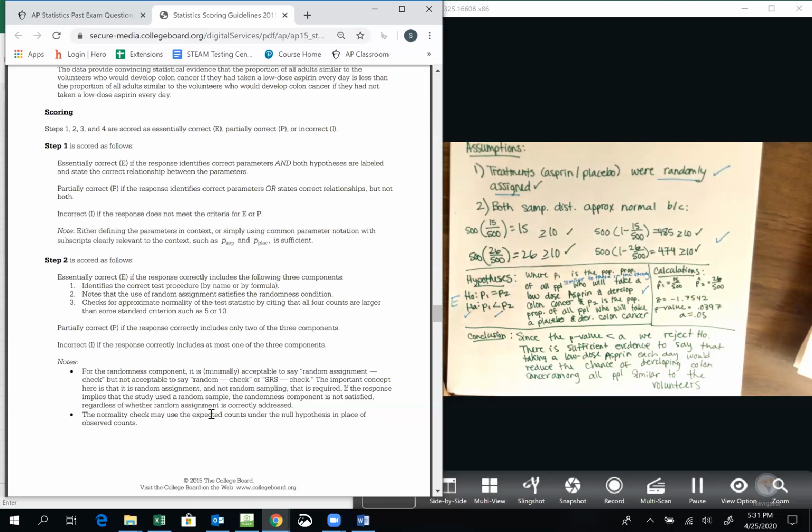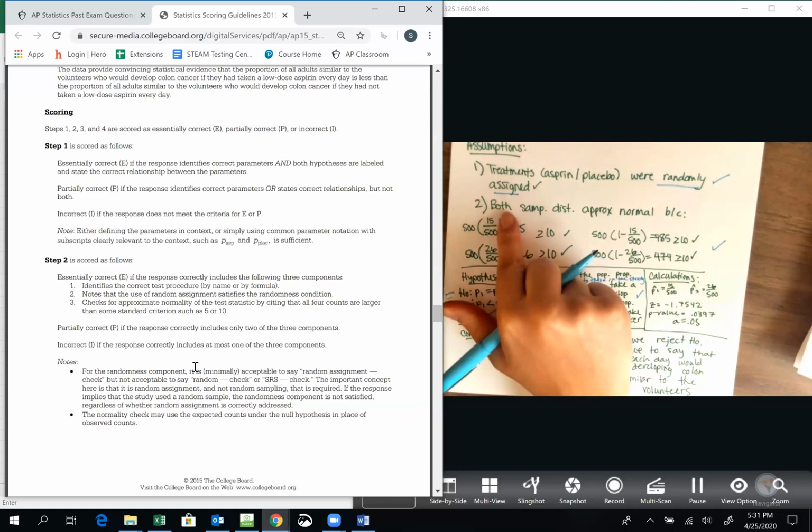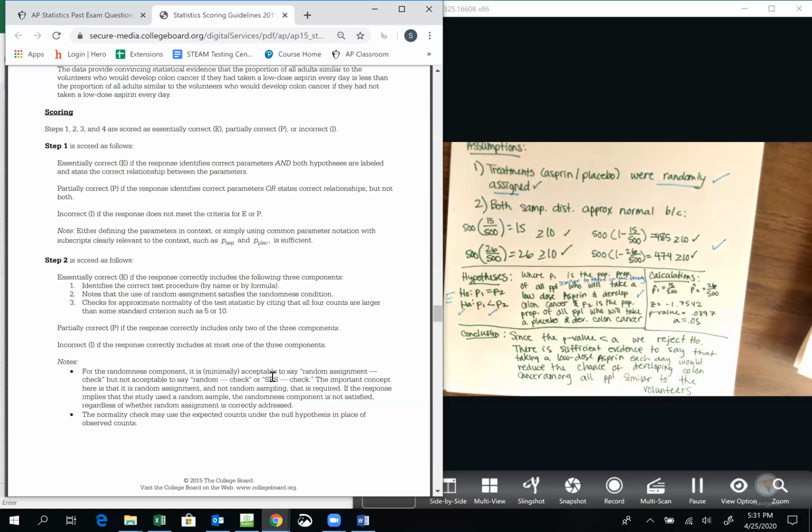So essentially correct if you have all three of those, partially if you have only 2 out of 3. For the randomness component, it is minimally acceptable to say random assignment check. Treatments were randomly assigned is better. But it is not acceptable to say random check or SRS check. The important concept here is that random assignment, and not random sampling, is required.